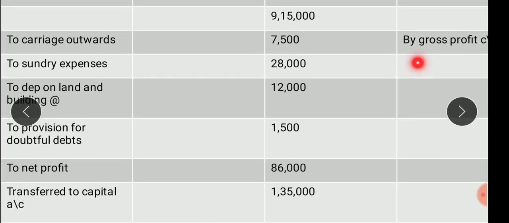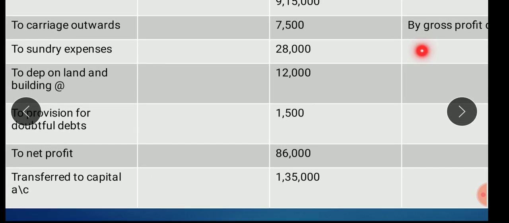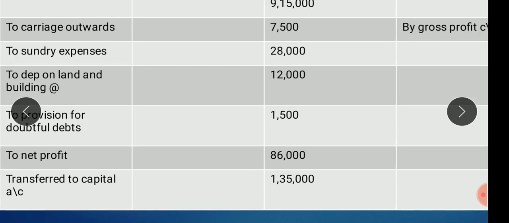To carriage outwards 7,500. To entry expenses 28,000. To depreciation on land and building: the net value of land and building at the closing value we take, 2,40,000. The same value is for both years, but you can take the second year value 2,40,000 into 5 by 100, at 5%.